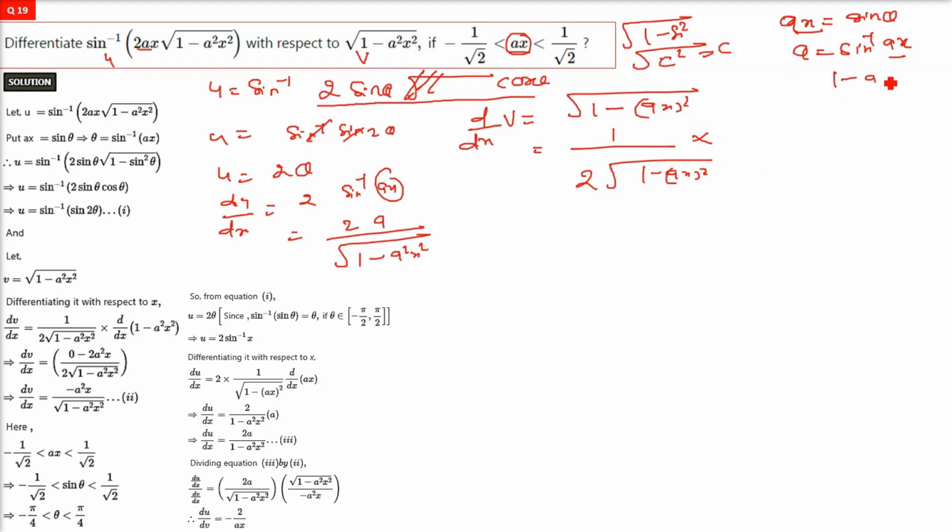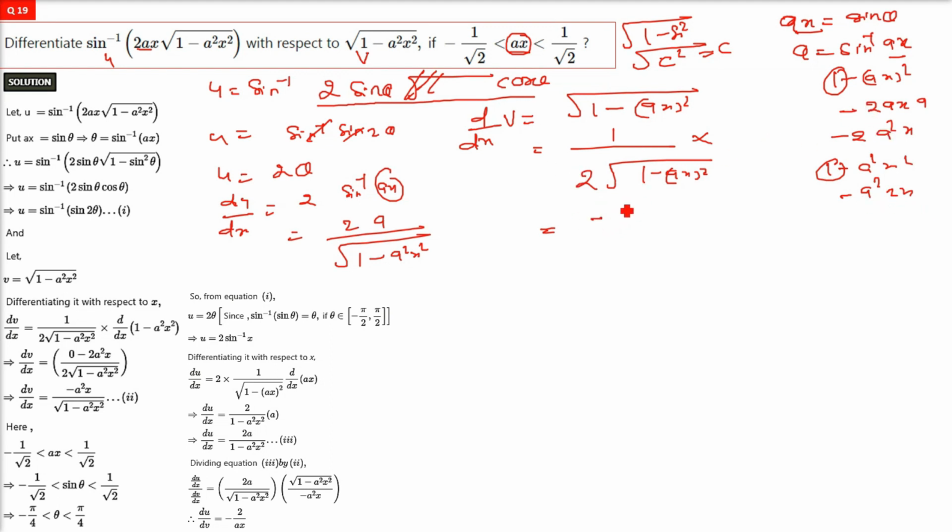Then 1 minus a square x square differentiation. So it is 0 and this is 2ax and then x. So ax is a. So you get minus 2a square x. So let us write it here. What I am trying to suggest here is, even if you do 1 minus a square x square, it is going to be equal to x square is 2x.